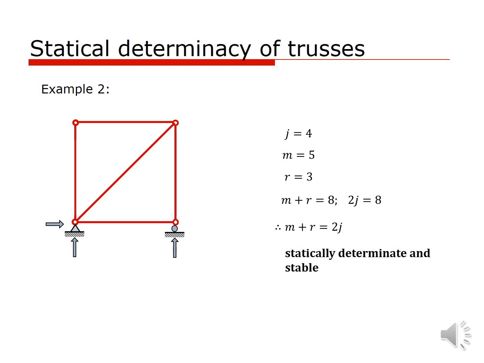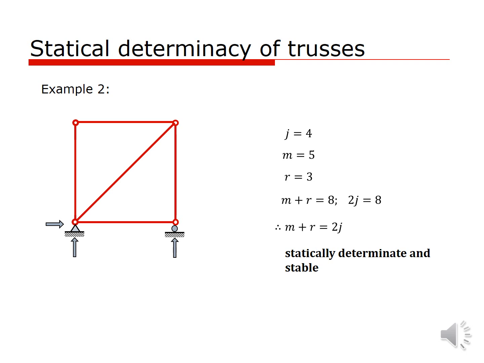Example number 2. As in example number 1, I have included another member, a diagonal member, to the structure that we discussed in example number 1. Now how many members are in this structure? That is 5, so M equals 5.